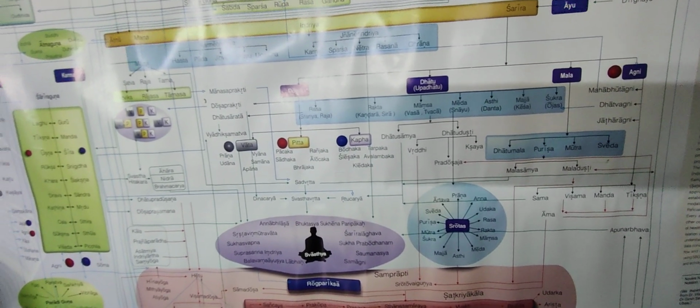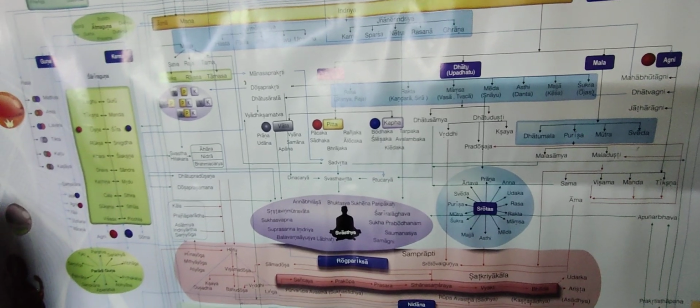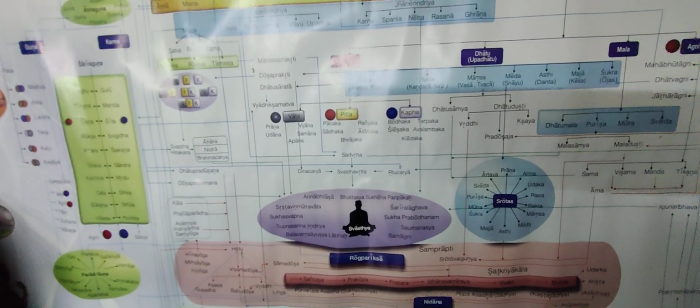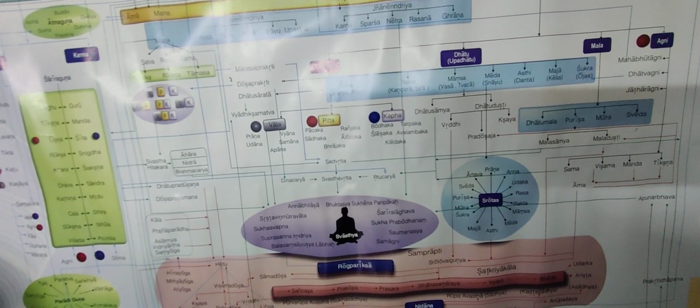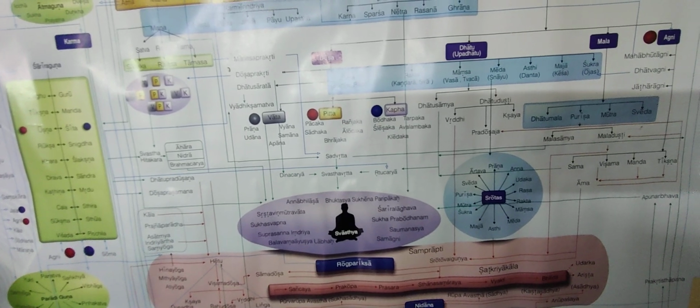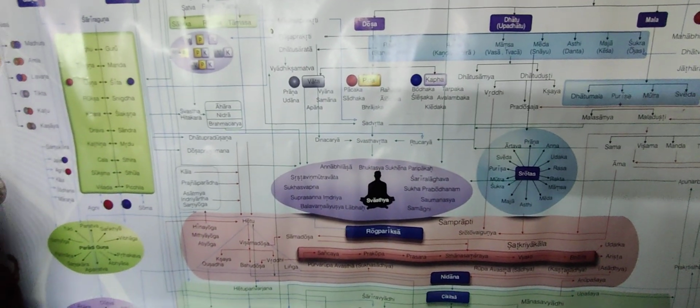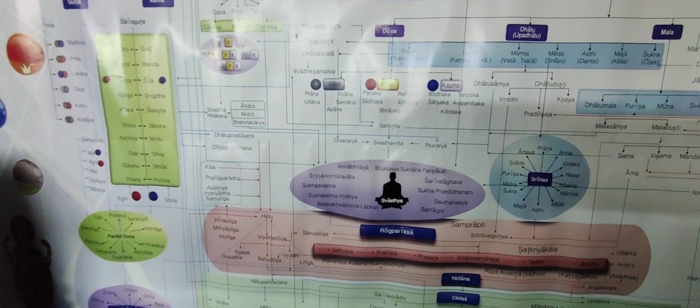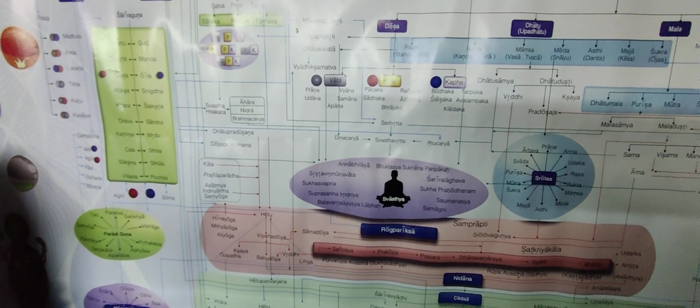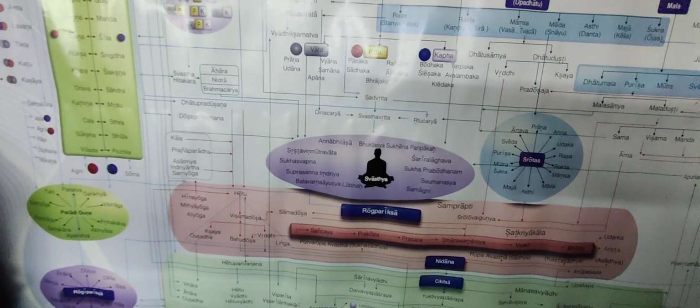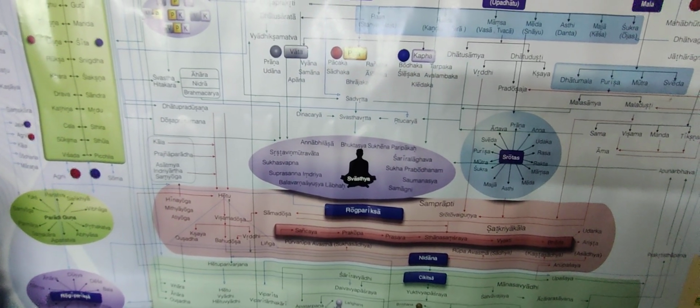Organs are driven by the dhatu. The samprapti is the process through several steps, like shat kriya kala, and manifests into disease. So how the disease state is achieved is described in a broad manner.